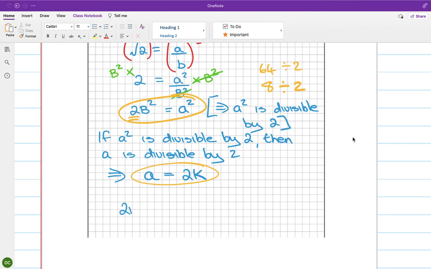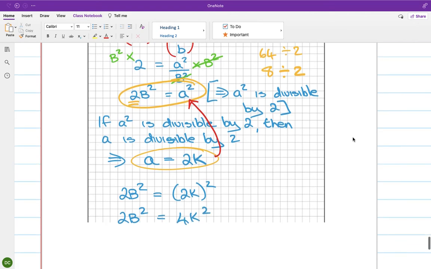2b squared equals 2k all squared times b squared. Okay, that's subbing this back in up here. So that gives me 2b squared equals 4k squared. The 2 is outside, so we need to square the 2 and square the k, so we get 4k squared. I want to isolate b this time, so divide across by 2, and I get b squared equals 2k squared.